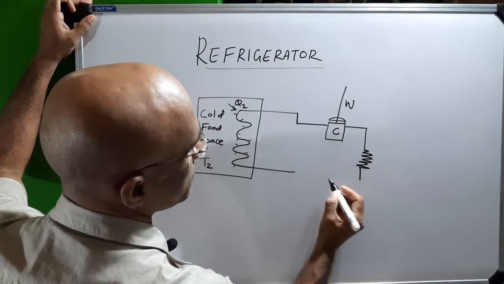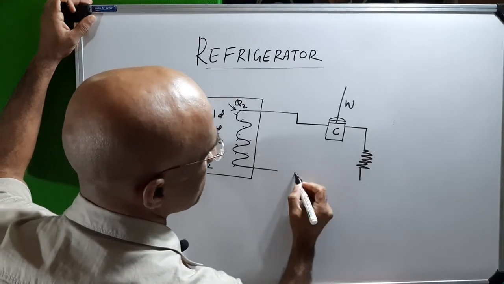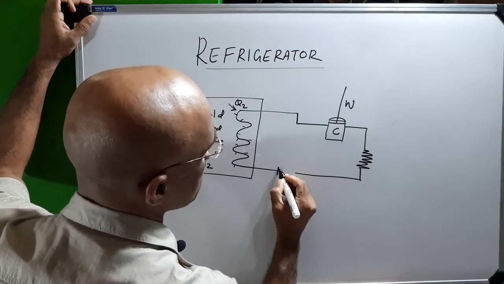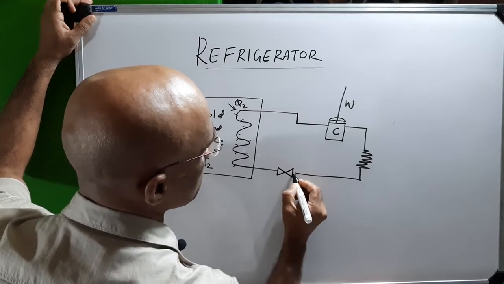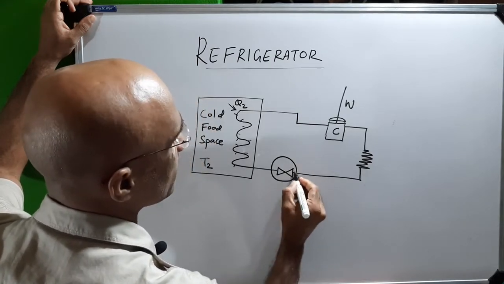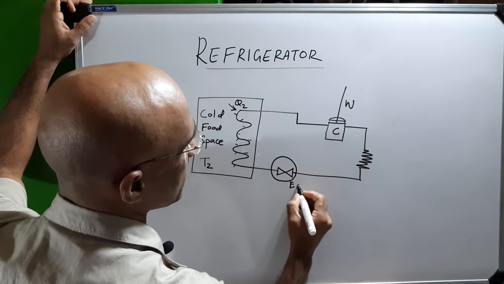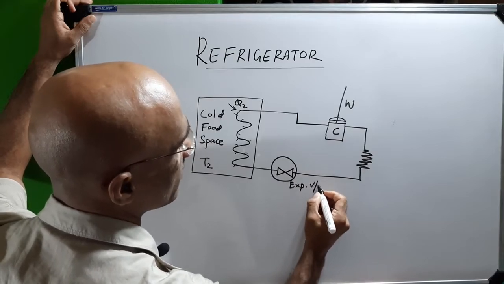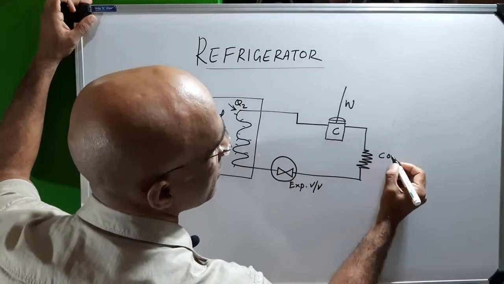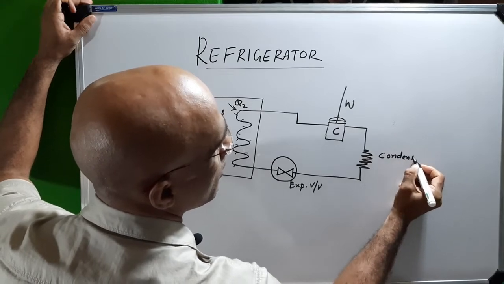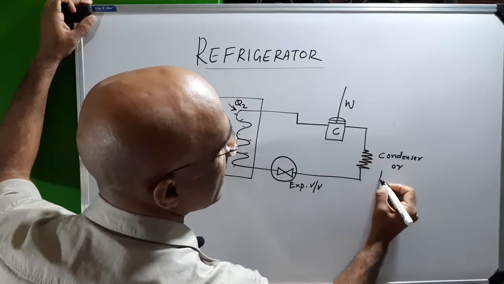Let me explain to you. Radiator coil that is present outside the refrigerator, and we have an expansion valve just before the evaporator coil. We will label it one by one: expansion valve, the condenser or radiator.